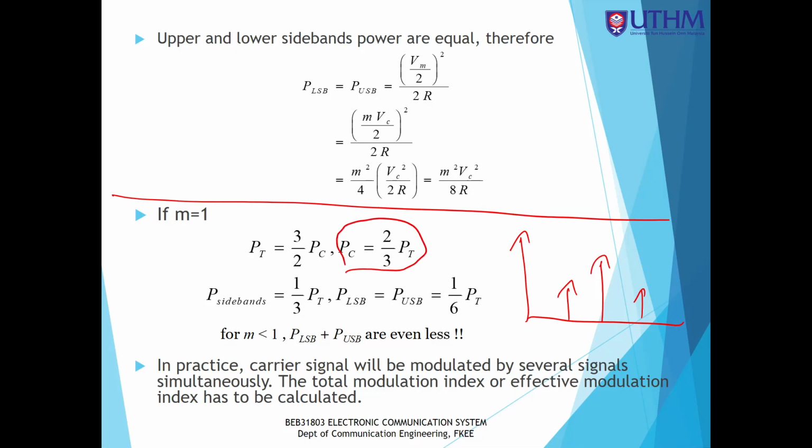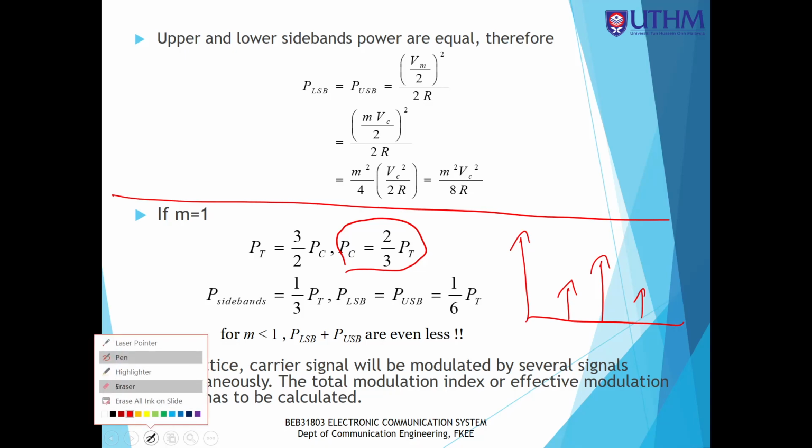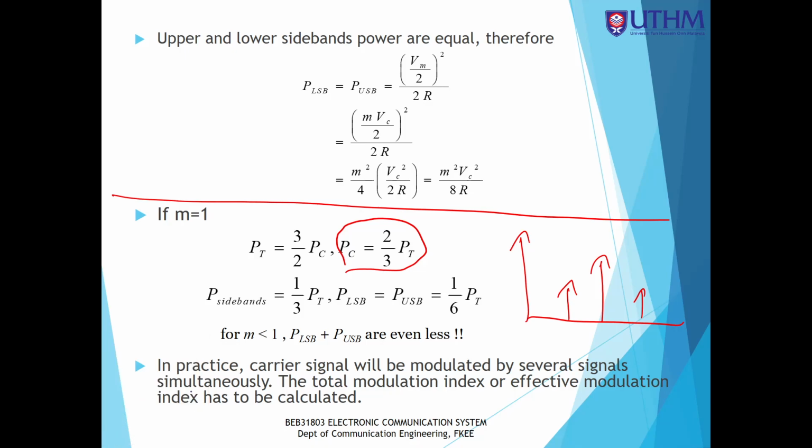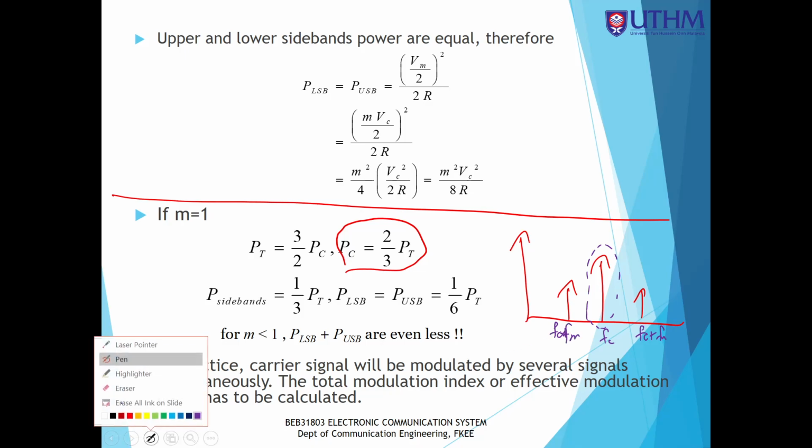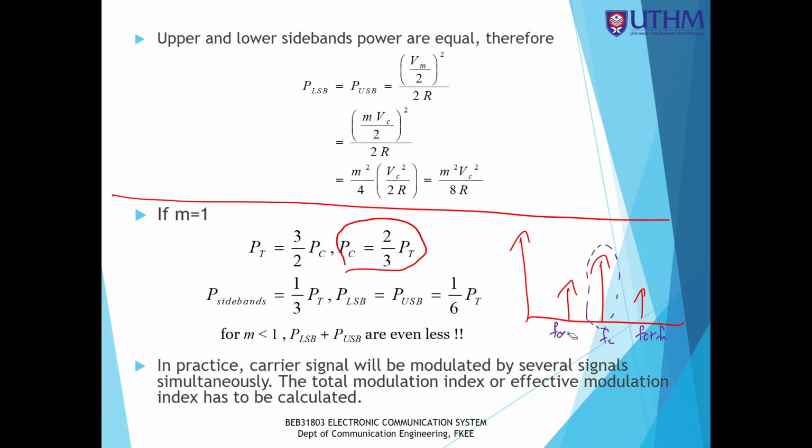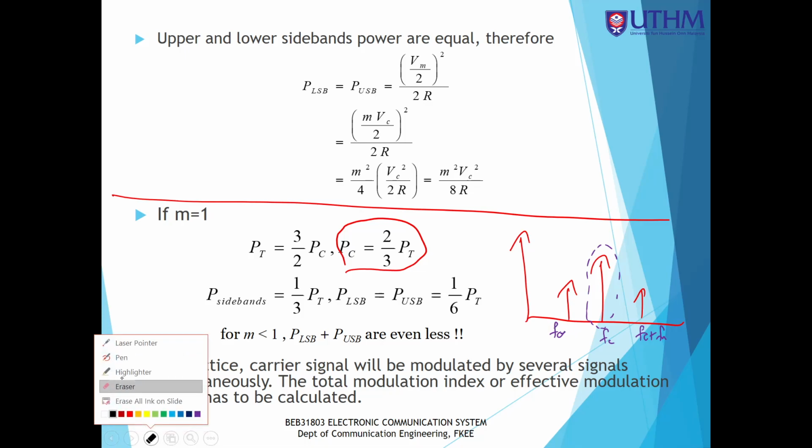And I mentioned before that the carrier itself does not carry any information. The information is contained within the sidebands. So you see that here the carrier does not contain any information, and the information is only contained within the sidebands.